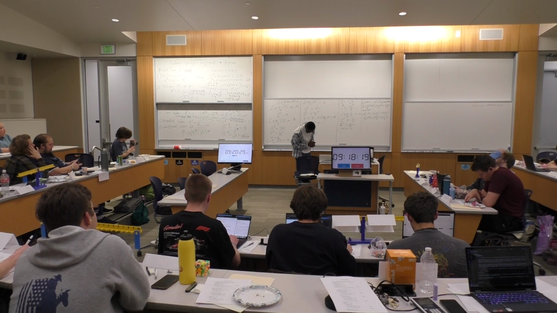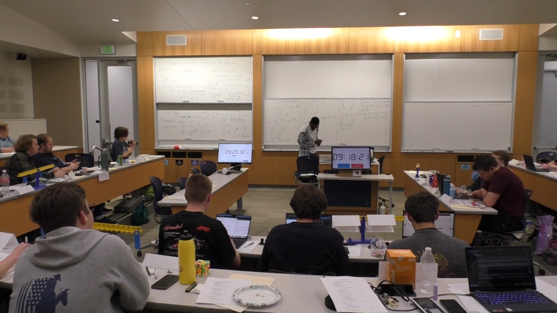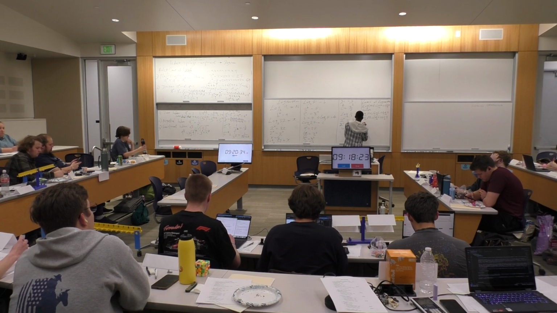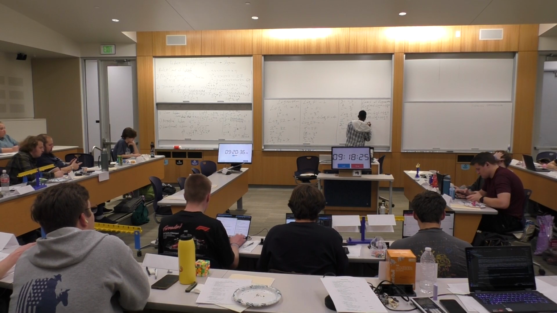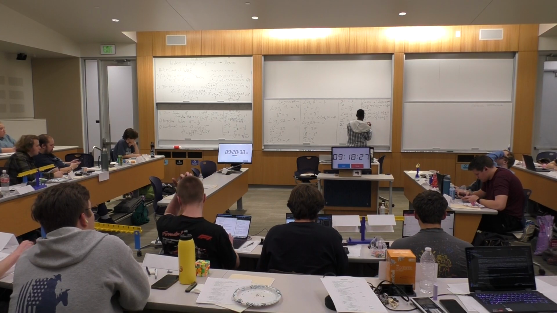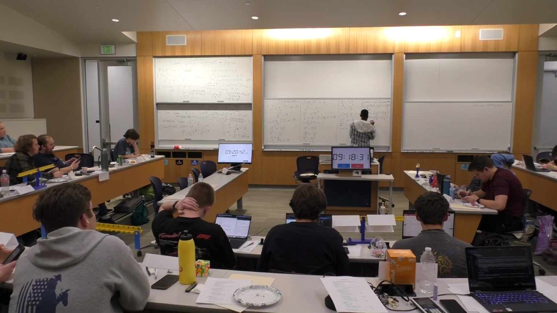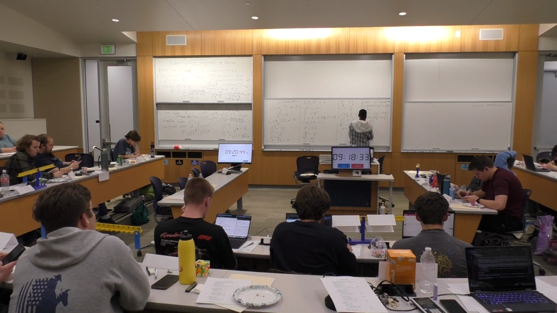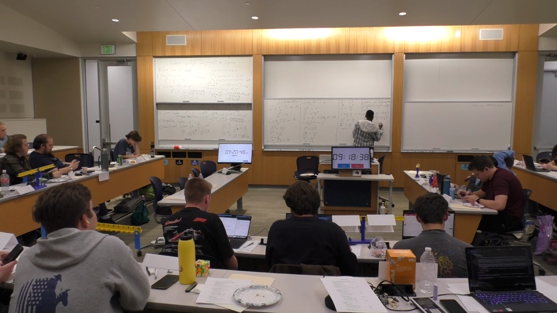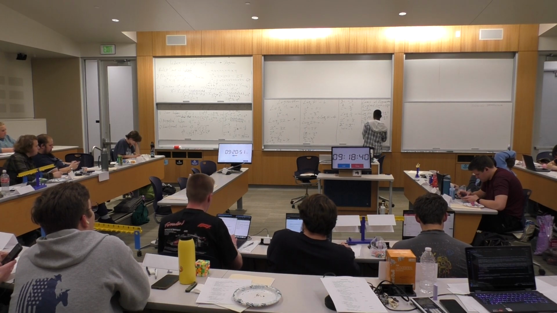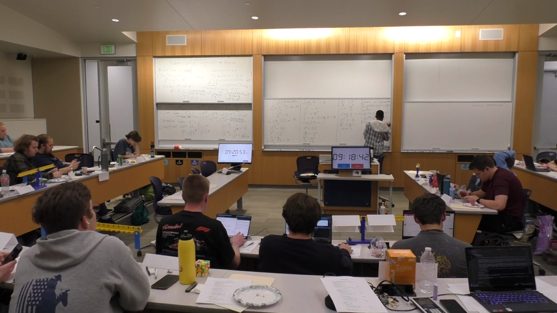Then our division law of logarithm says if you have log m over n base b, this is equal to log m to base b minus log n to base b.